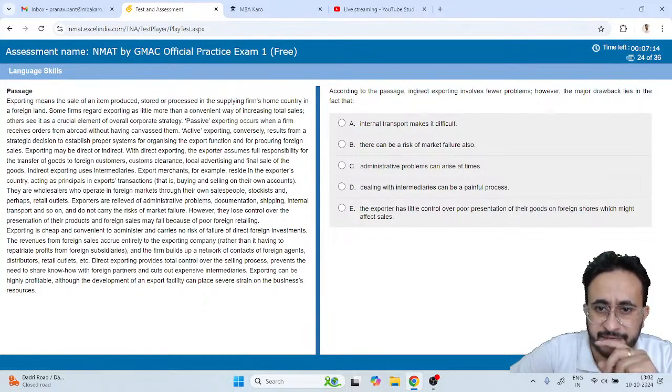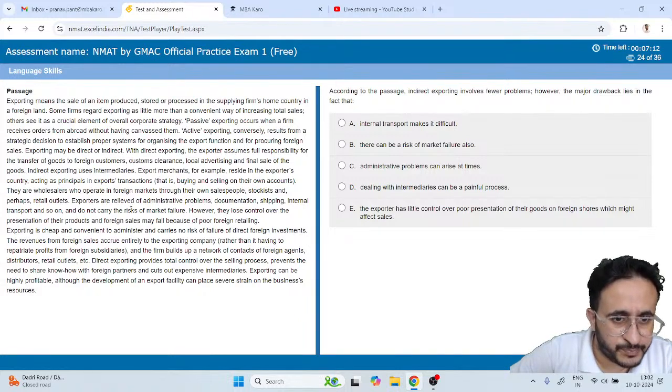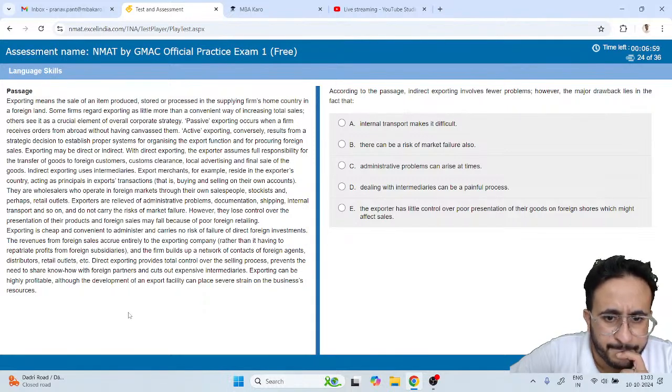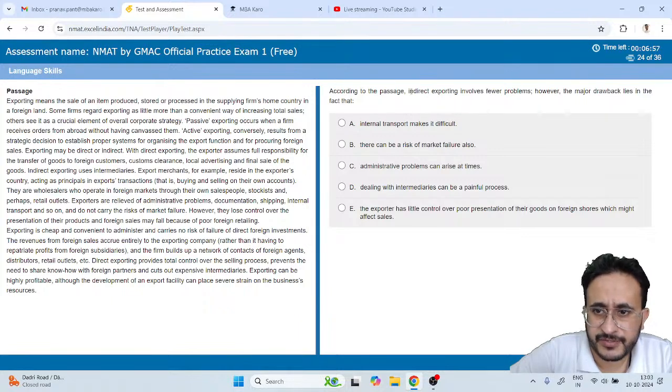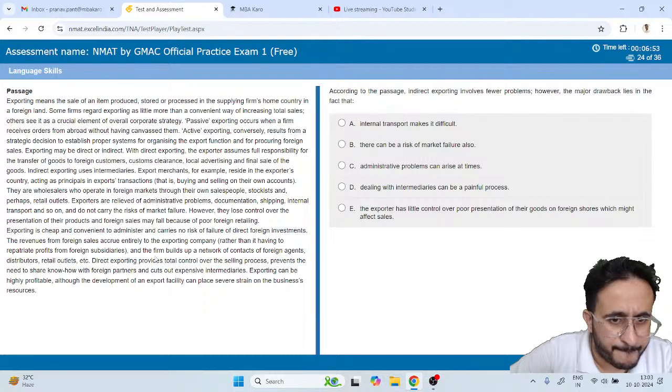So indirect exporting, if you can see, active, passive, where is indirect? Fewer problems. With direct exporting, the exporter assumes full responsibility.